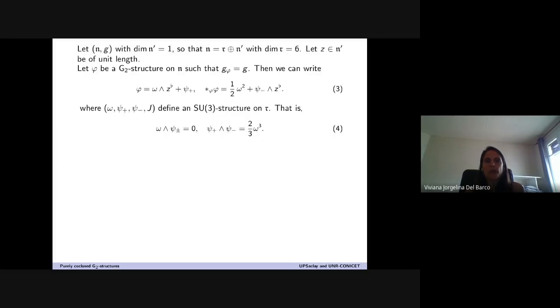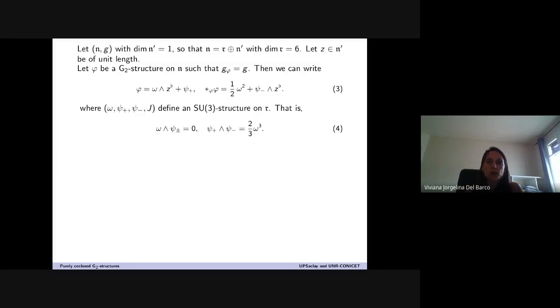Okay, so we start with the metric Lie algebra, and we decompose it, as I said before, into R and n prime. And here I'm going to use a little bit of SU3 structures, which, well, I'm not going to introduce. So I am going to assume them. But if you have a unit vector and you have a G2 structure, then you can, here we take the unit vector on n prime, spanning the one-dimensional n prime that we have, and we can always write them as in formula 3, where phi is omega wedge the z flat plus psi plus.